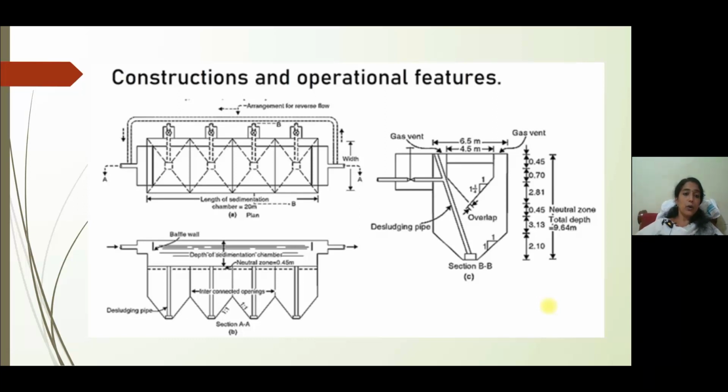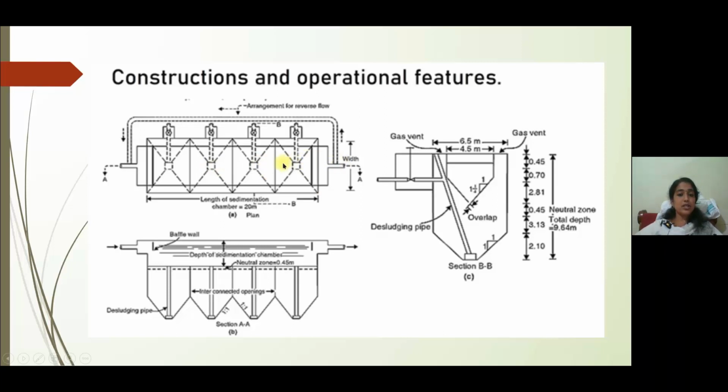Here you can see a common sedimentation tank is provided, and at the bottom part you can see the digestion chamber with sloped bottom sides, marked as dotted lines. You can find the total length of the sedimentation tank, and the total depth of this Imhoff tank has to be found during the design.